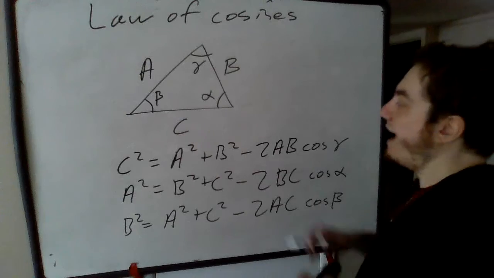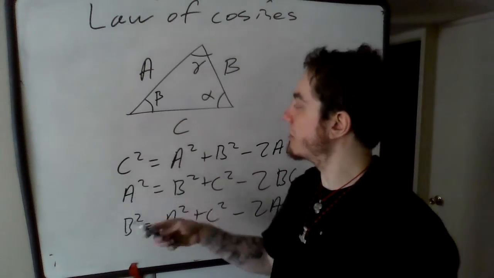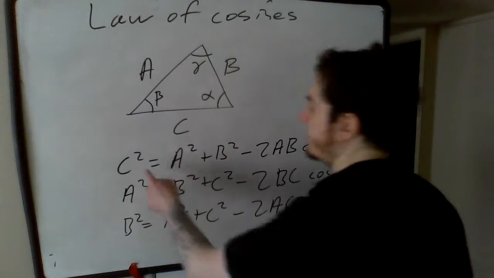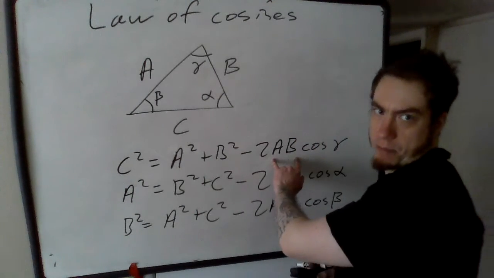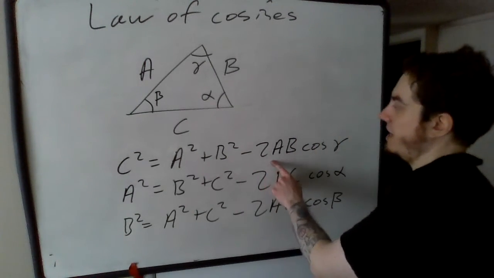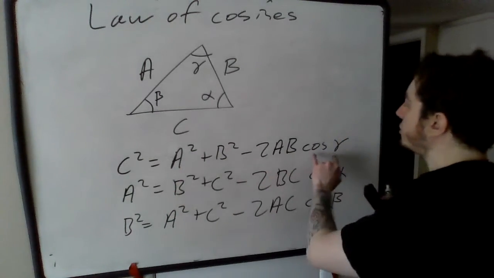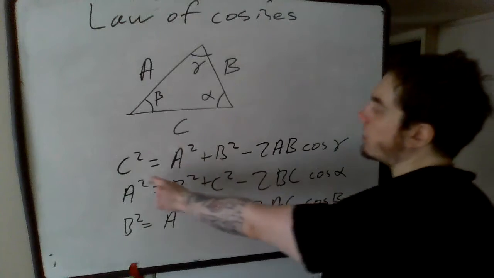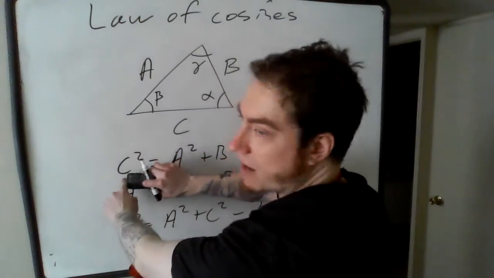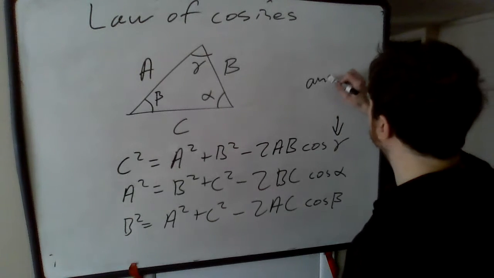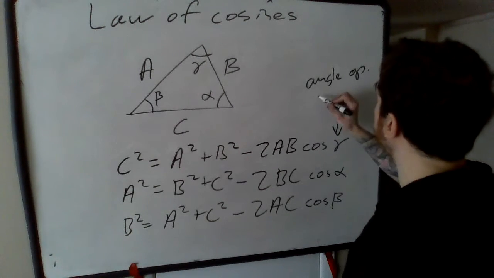All right, so how do you remember this? Well, the way that I remember this is that it is basically the Pythagorean theorem, except you have this correction term, which has a minus 2 on it. And then you take the 2 sides that are on the right-hand side and you multiply by the cosine of the angle which is opposite to whatever this third side is.